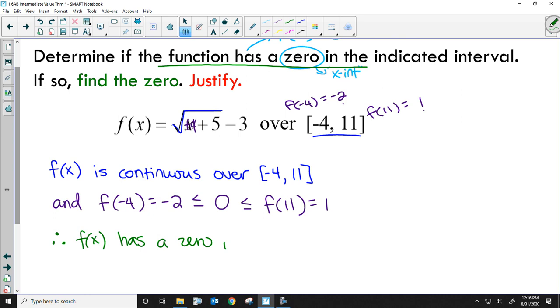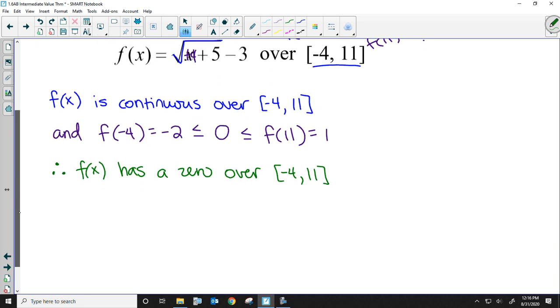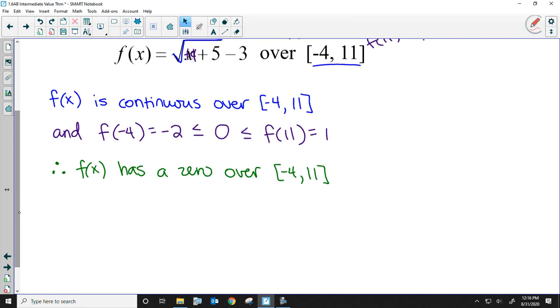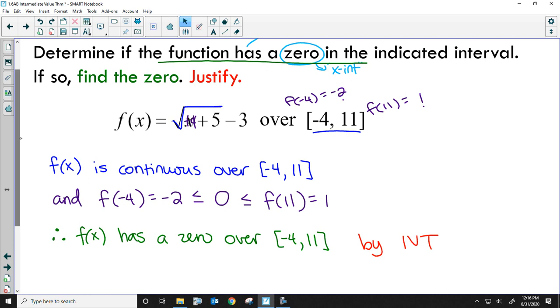So I'm going to say in or over, doesn't matter, that interval -4 to 11. Okay, I'm just regurgitating. Last but not least, give credit where credit is due by IVT. Okay, so that's my justification that the c value does exist.